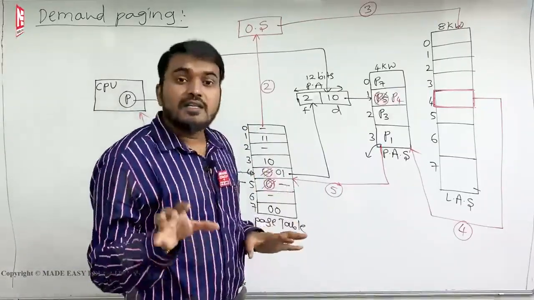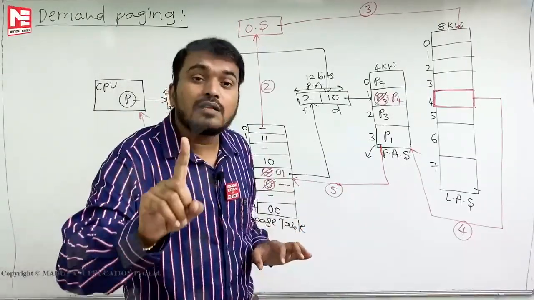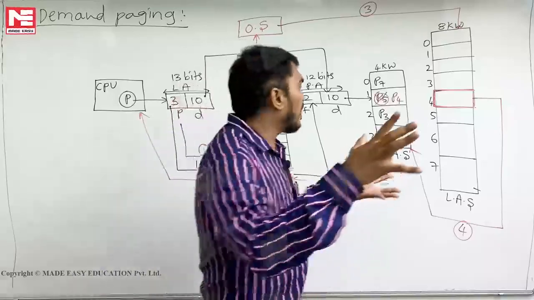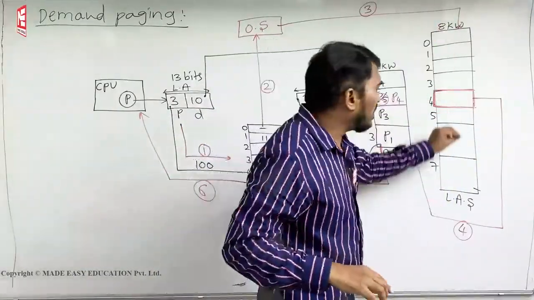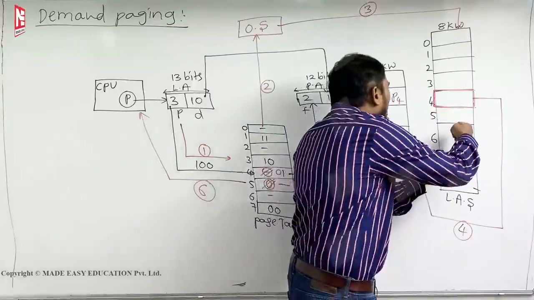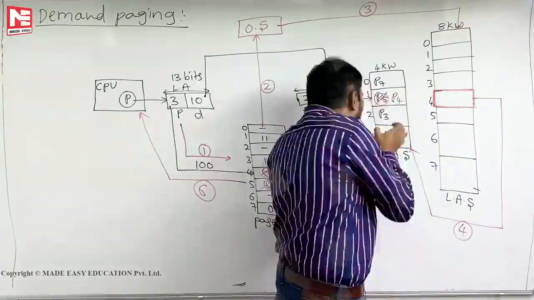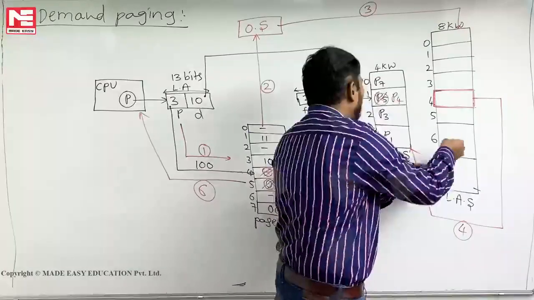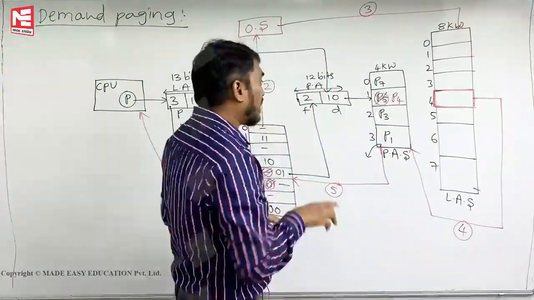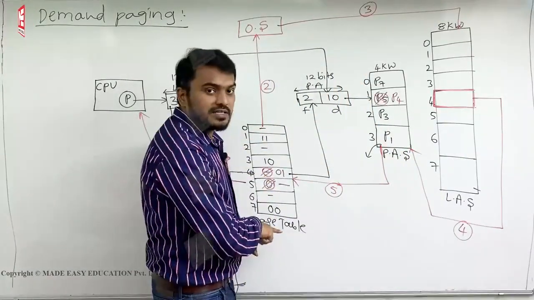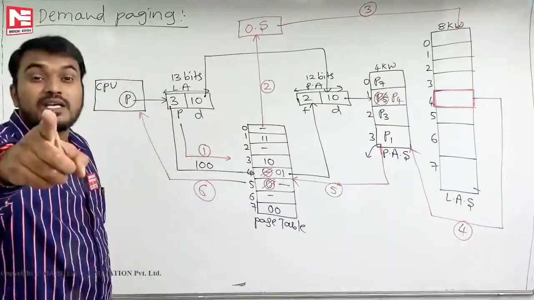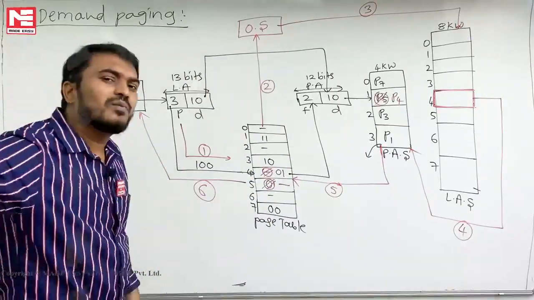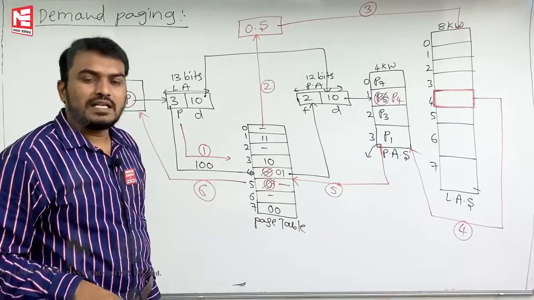Initially all the pages will be in the virtual memory, and some of the pages will be brought into main memory, and accordingly page table entries will be updated. The base address of the page table will be stored in the PCB, process control block. Is that clear for everyone?